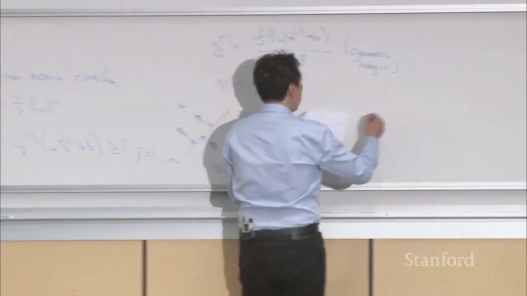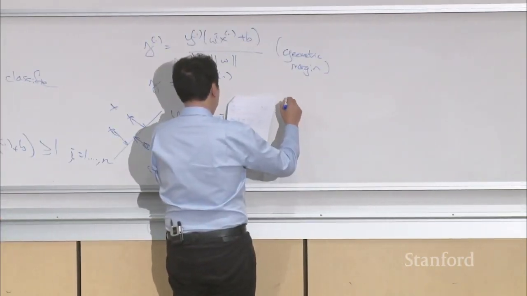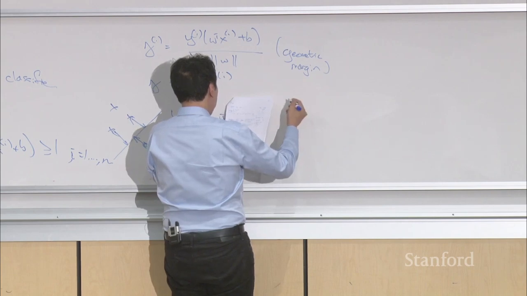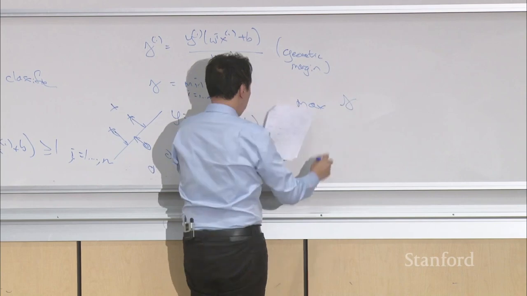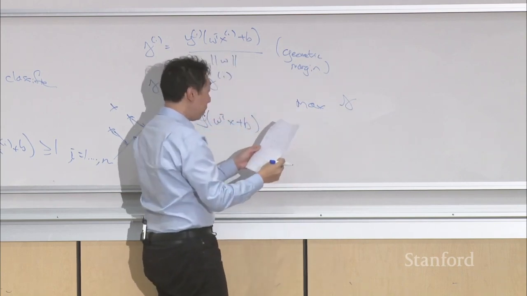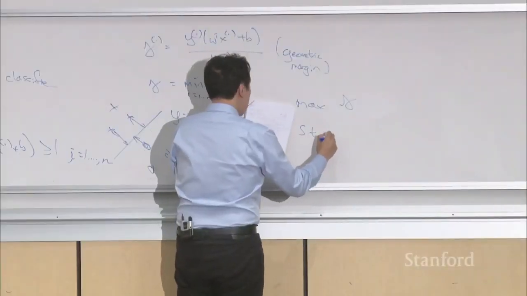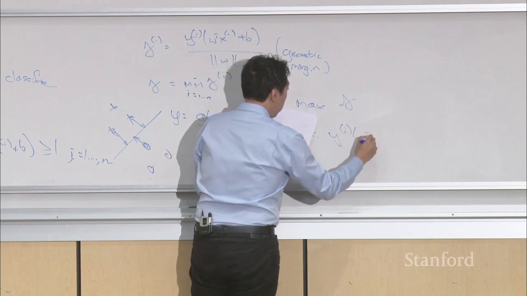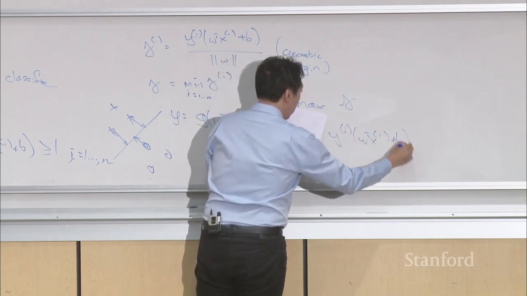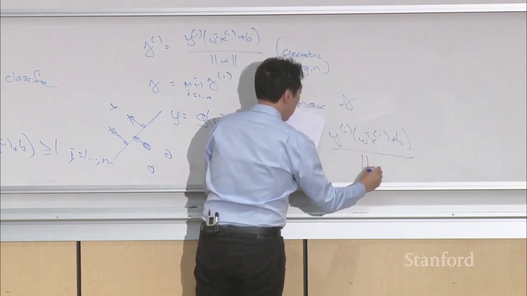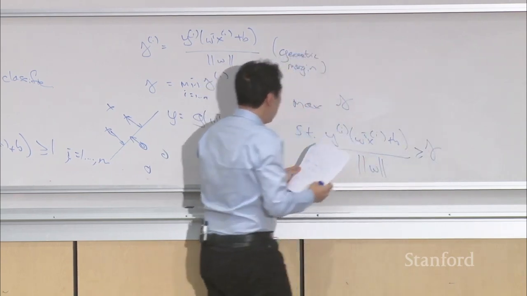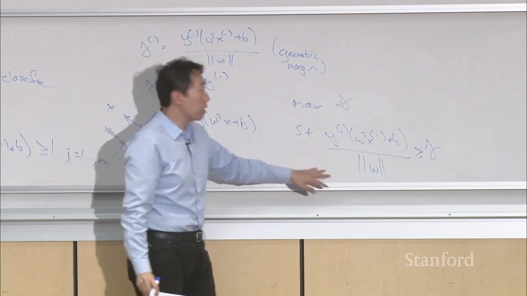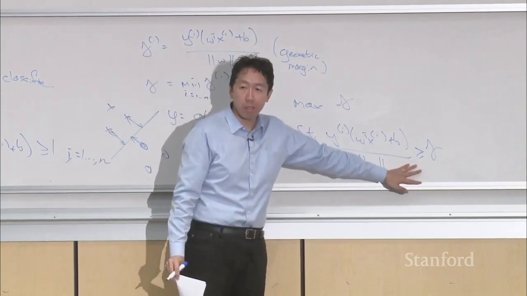And so one way to pose this as an optimization problem is to try to find the biggest possible value of gamma, subject to the geometric margin being greater than or equal to gamma, right?